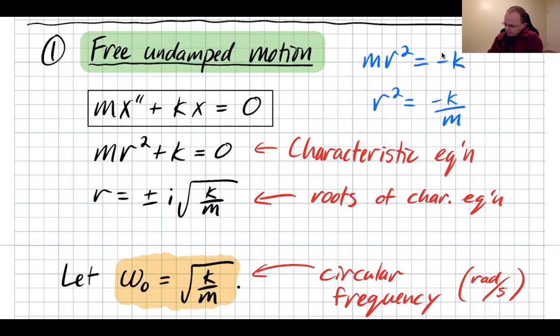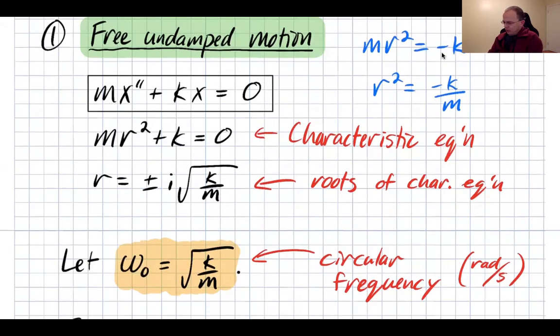To make our lives a little bit easier, we'll refer to this rather complicated expression as omega naught. So this is not a W, this is the Greek letter omega. So omega naught is going to be the square root of k divided by m, and this is actually the circular frequency of this mechanical vibration.